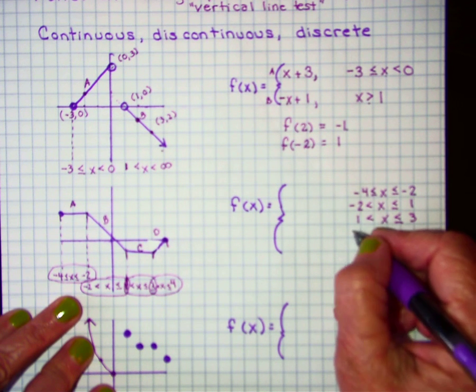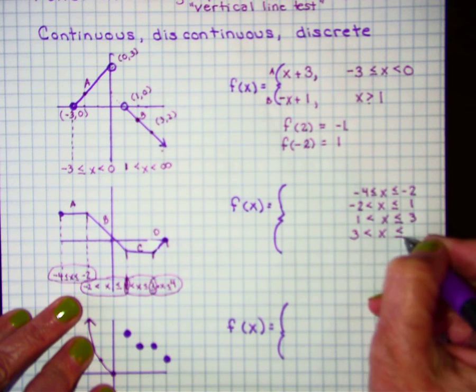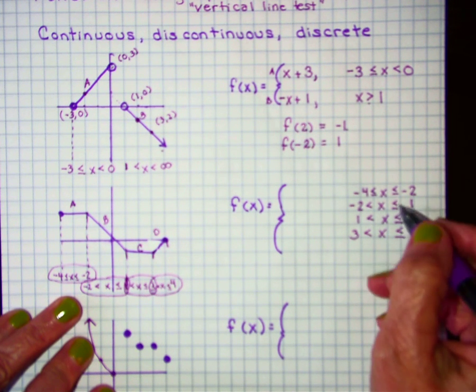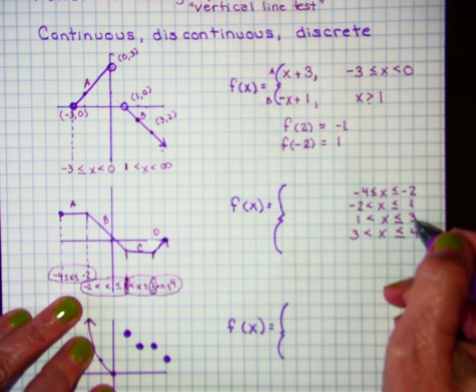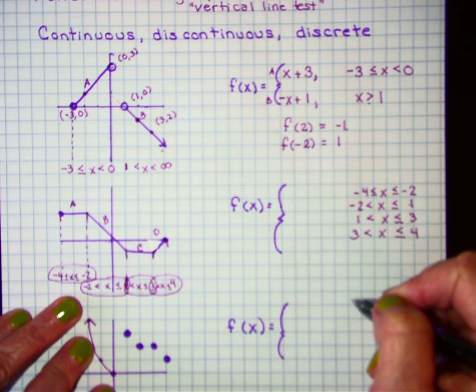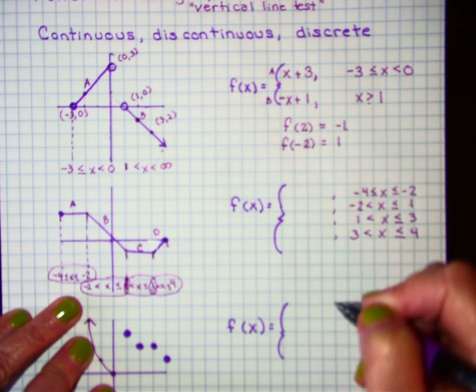And then my final part will go from 3, which will be less than x, which is less than or equal to 4. And you'll note that this one equals 1, this one almost equals 1. This equals 3, this one almost equals 3. So these are my domains, which is how I start my functions.